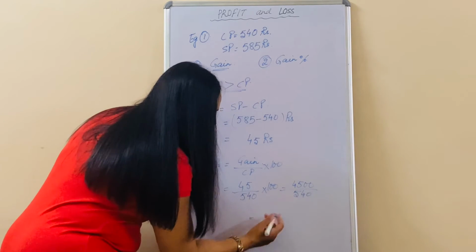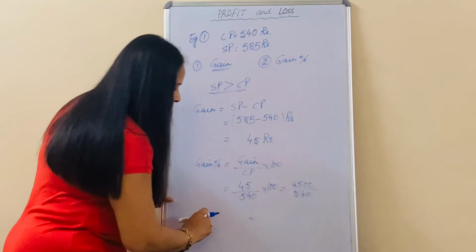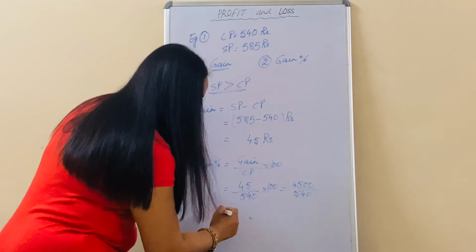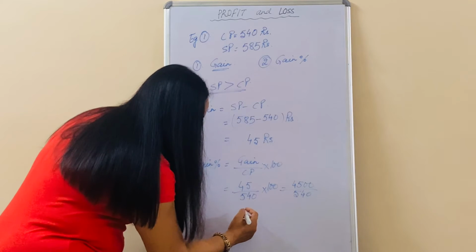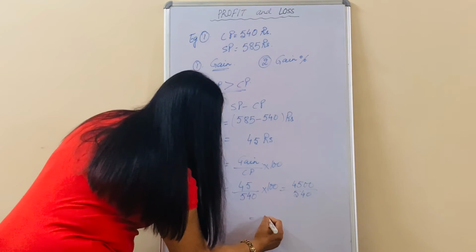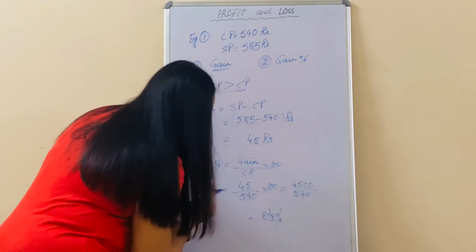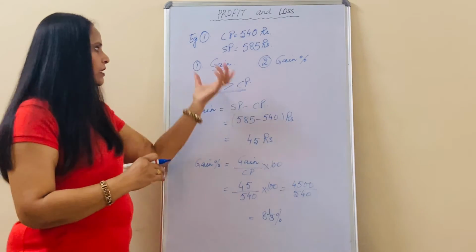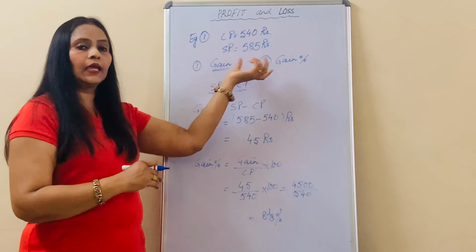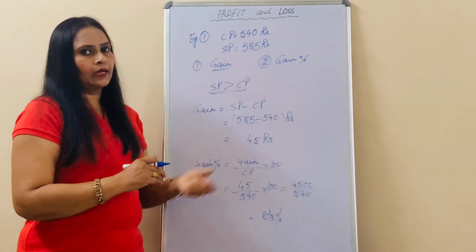We can simplify it to get the gain percentage. Simplifying it, we get 81 by 3%. So in this simple way, we can calculate the gain and the gain percent made by that person.